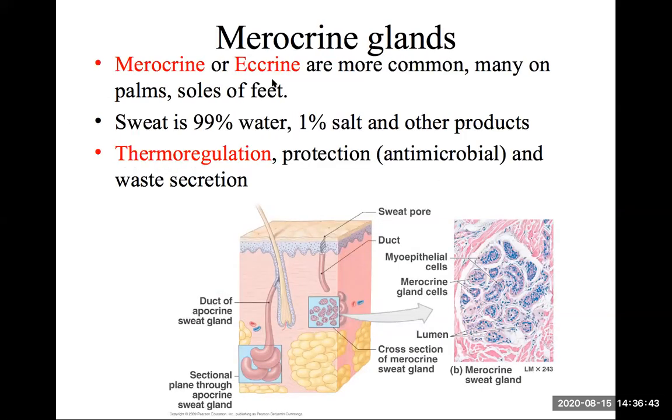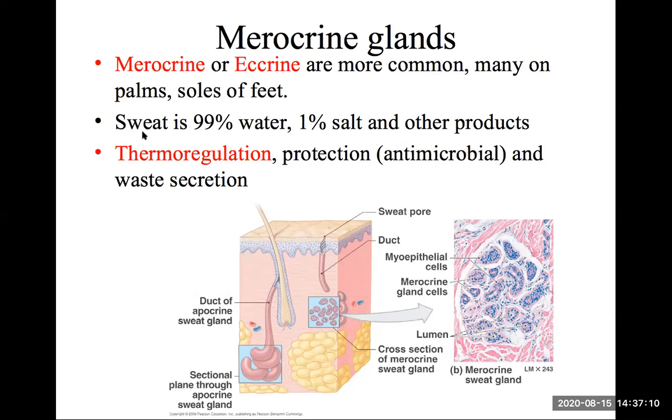The merocrine or eccrine sweat glands, because remember these two terms are both used to describe exocrine glands that release secretions by exocytosis, are far more common. You have lots and lots of them on the palms of your hands and the soles of your feet. So if you're somebody who gets sweaty hands when you're nervous, that just means you have very active merocrine sweat glands.